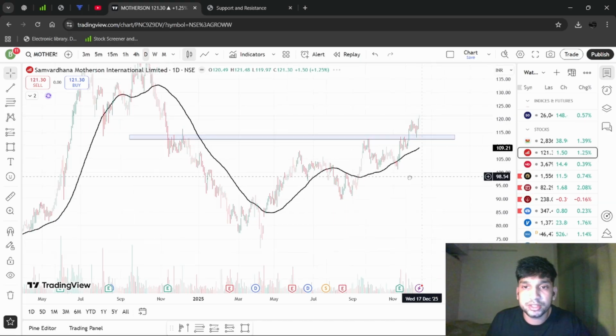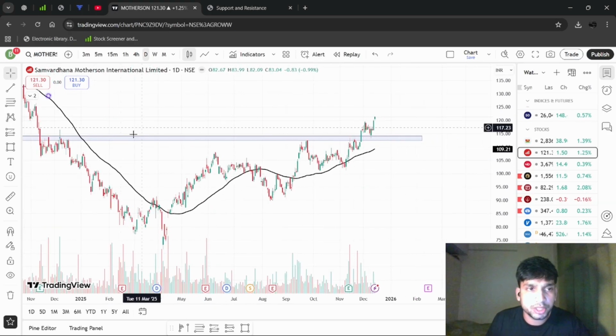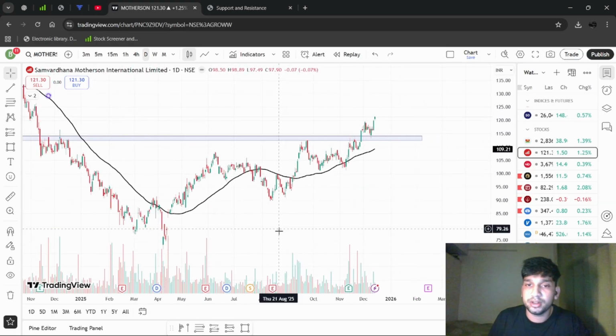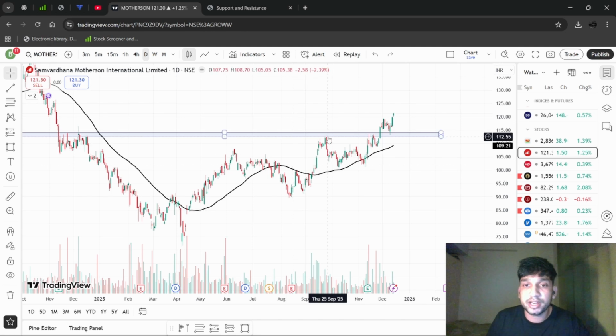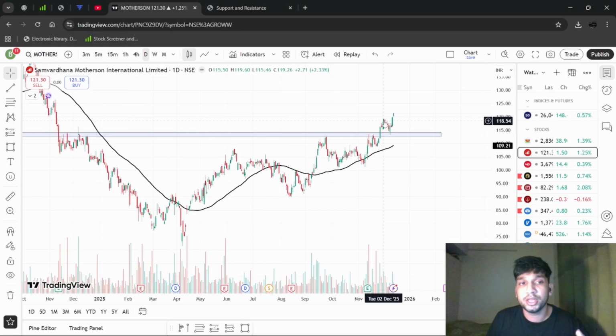What has been happening is Motherson Sumi had fallen around in April, and it tried to cross this resistance area of around 100 to 113. The sellers were strong over here. It again tried to break through that level in November of 2025. Finally, it was able to cross it by the end of November 2025, and it went up.